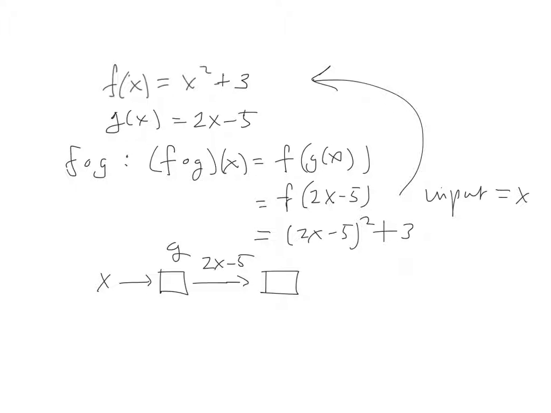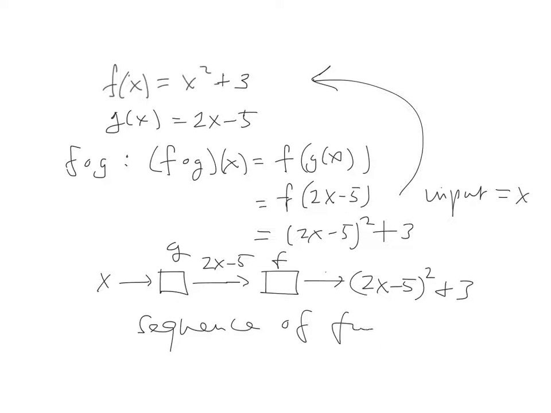That'll be the input to f, and f then simply squares whatever it's given and adds 3 to it, and that'll be its output. So it's really the idea of a sequence of functions, one after the other. Now you can see that if I change the order, I'll get probably a very different function.